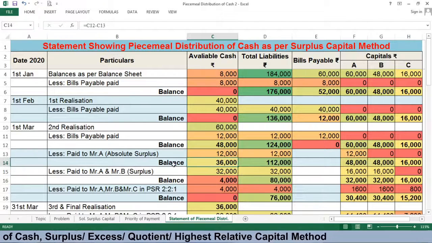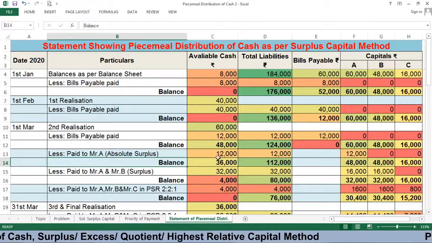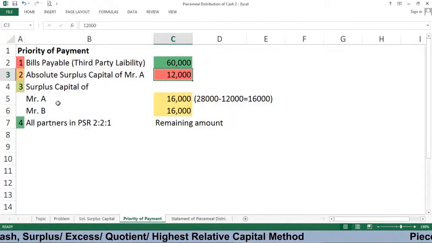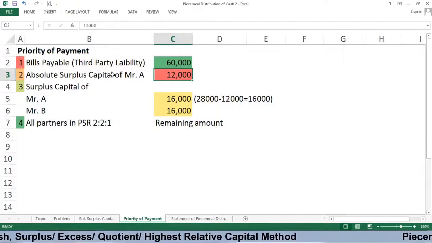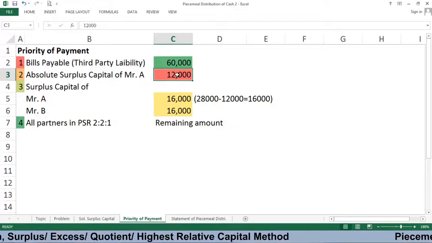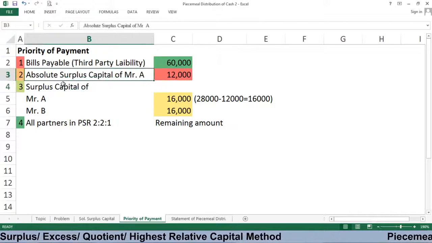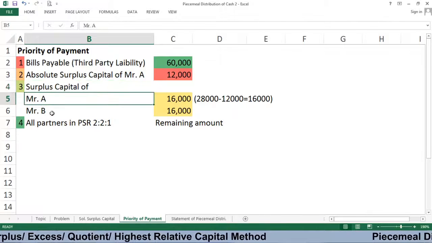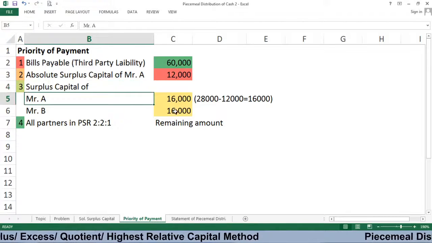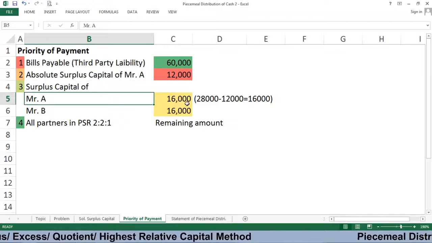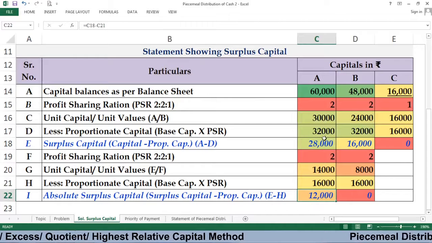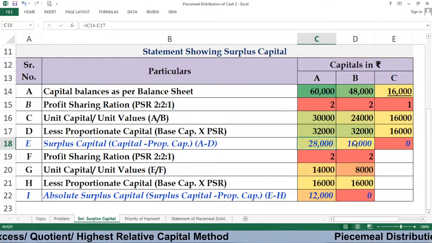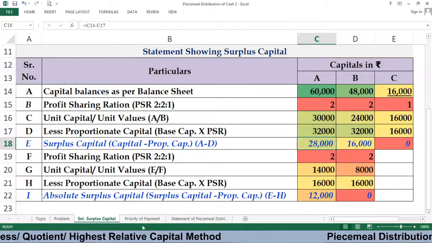Now we can pay 36,000, but in our second step of priority of payment, we have to pay surplus capital. The surplus capital of Mr. A is 16,000, Mr. B is 16,000. Actually, in the surplus capital statement, the surplus of Mr. A is 28,000 and B's surplus is 16,000.